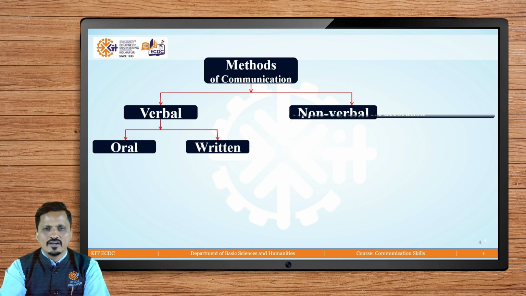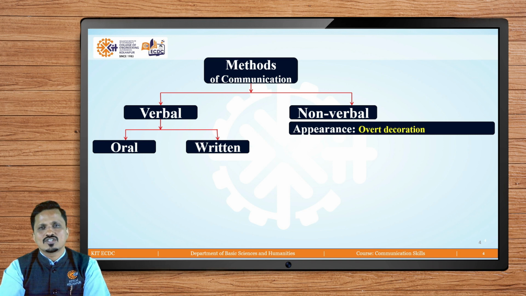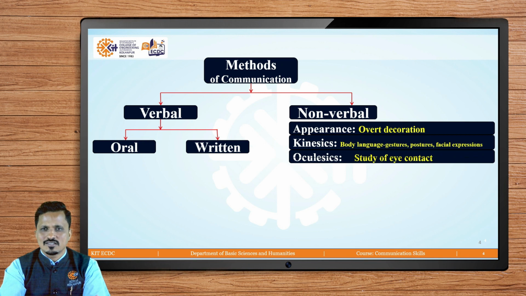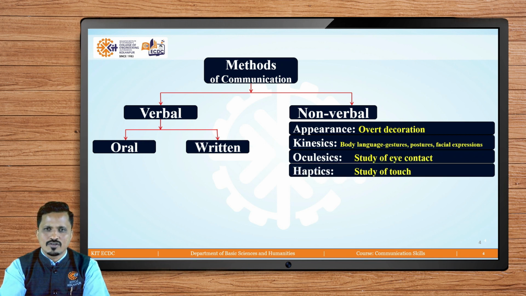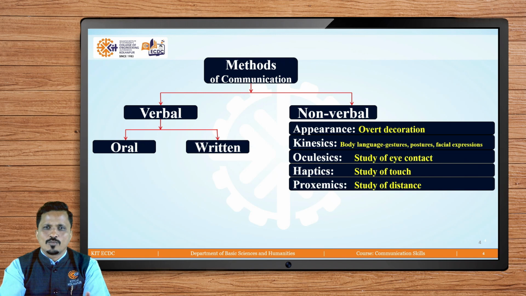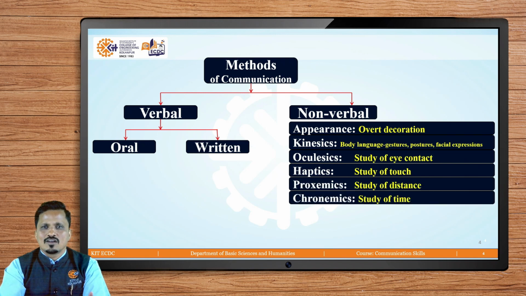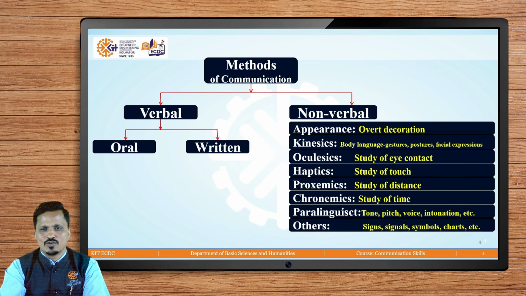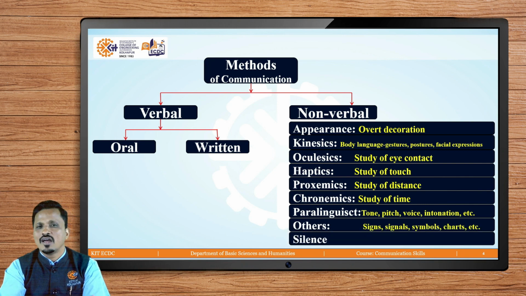Verbal includes oral and written communication, whereas non-verbal communication is a huge term and a very huge area of research, and it includes varieties of things like appearance, that is your overall decoration, kinesics, that is your body language, gestures, postures, facial expressions, oculesics, study of eye contact, haptics, study of touch, then we have proxemics, study of distance, chronemics, study of time, paralinguistics, tone, pitch, voice, intonation, etc. Some others like signs, signals, symbols, charts and so on, and silence.